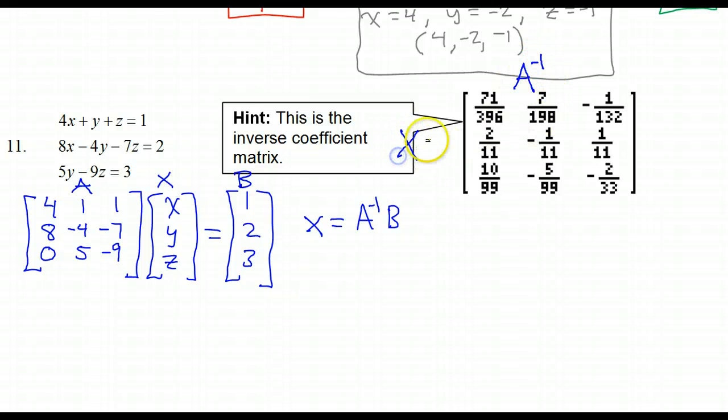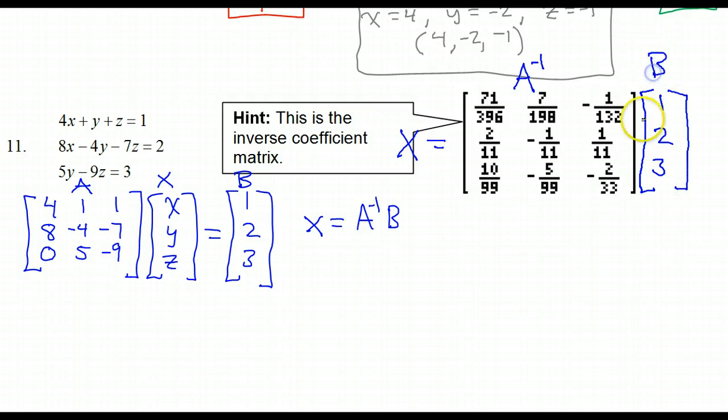And so if I want to find X, I need to do A inverse times B. So that's why I put B over here, 1, 2, 3, and that's going to be my matrix B. So I just need to start multiplying all these things together. So I know that it's going to be of the form element 1, 1, element 2, 1, and element 3, 1.